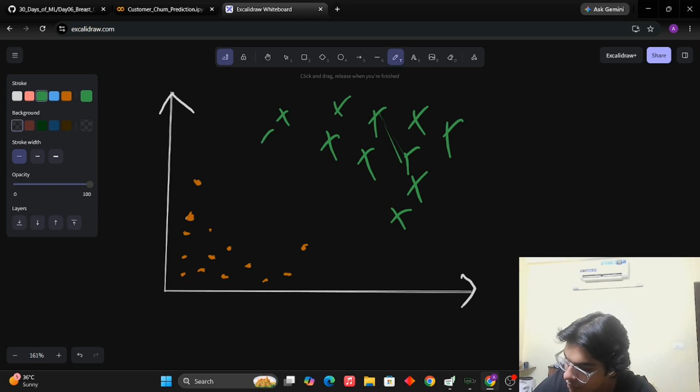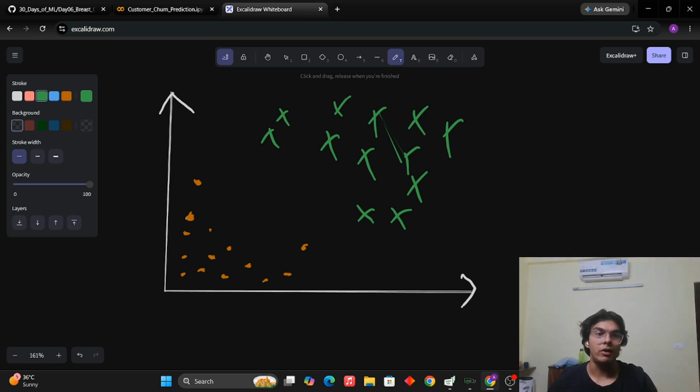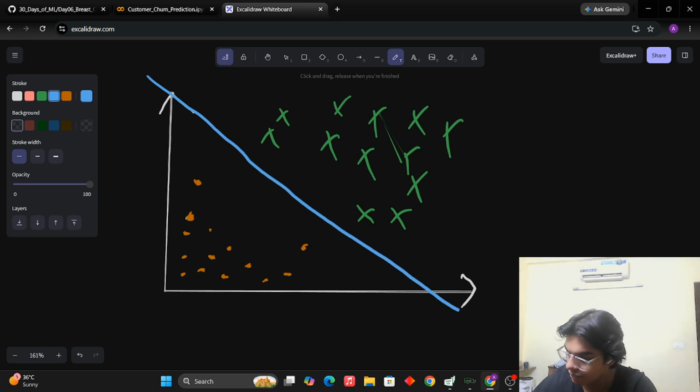Now, if you were walking down the street and I came up to you and asked you how you would separate these two sets of points, it would be very easy. You'd say just take any line and draw a line between them, separating them. Something like this, right?